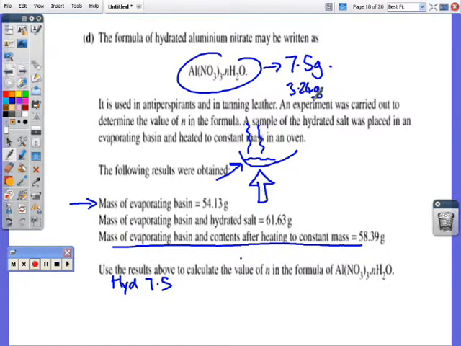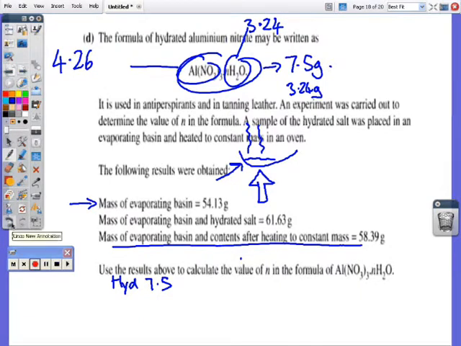So the water here is 3.24 grams and the actual anhydrous salt, so without the water in other words, was 7.5 minus 3.24, which is 4.26. So we can now start working out moles of each of those substances, and when we get moles we can then work out the formulae.